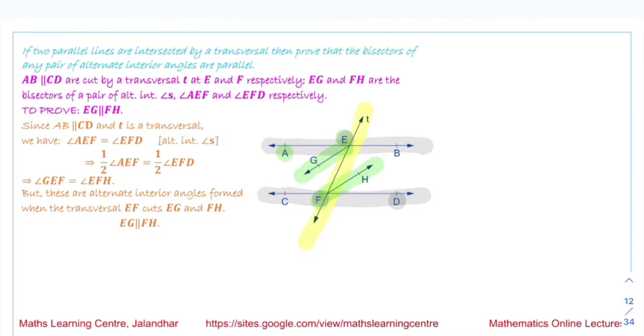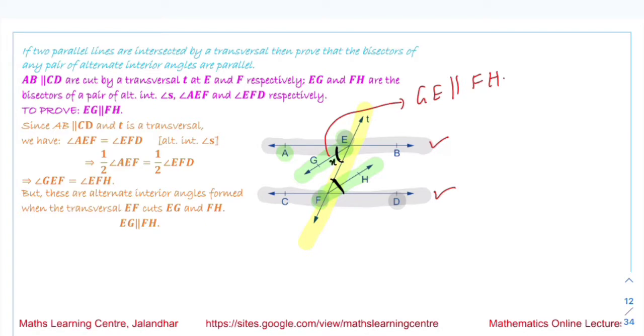So what we have to prove is that these two bisectors, that is the lines GE and FH, are parallel. Now what we know is that when the lines AB and CD are parallel to each other, then angle AEF and angle EFD are equal.